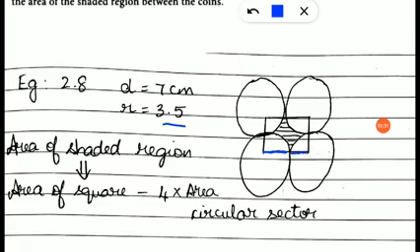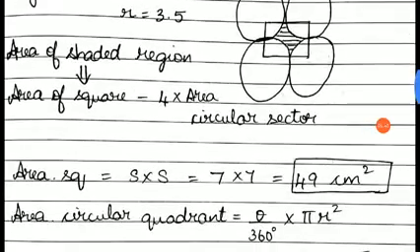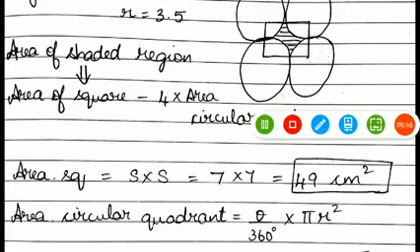Same with this value also, this is another 3.5. So the entire diameter will give you the side of the square. So shall we substitute it as 7? Area of the square is side into side, 7 into 7, 49 centimeters square.